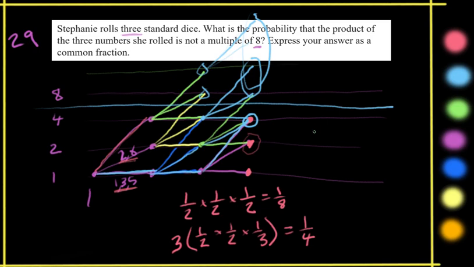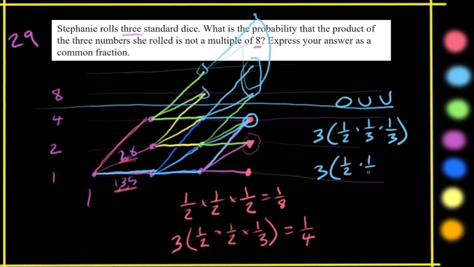So here I've got 3 times, over, up, up, which is 1/2 times 1/3 times 1/3. And over, way up, we're going to have 3 of these as well, which is 1/2 times 1/2 times, and way up, you have to roll a 4, so that's 1/6 probability. So this is over, over, way up.